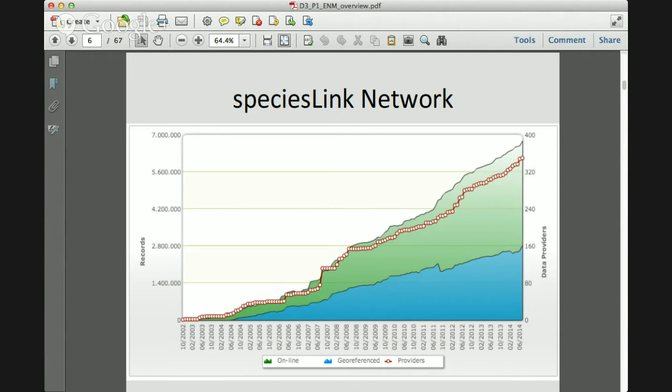The green and blue areas are the accumulation of data online overall, but the blue area is the portion of that that is georeferenced. What you can see is that during the entire history of the speciesLink network, just about half, maybe a little bit less than half, of the data are georeferenced.